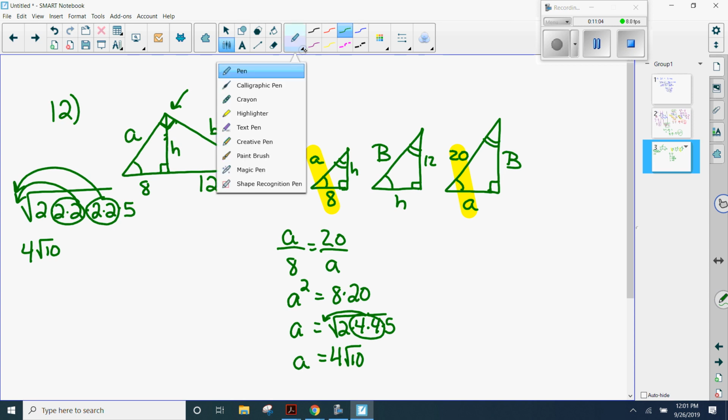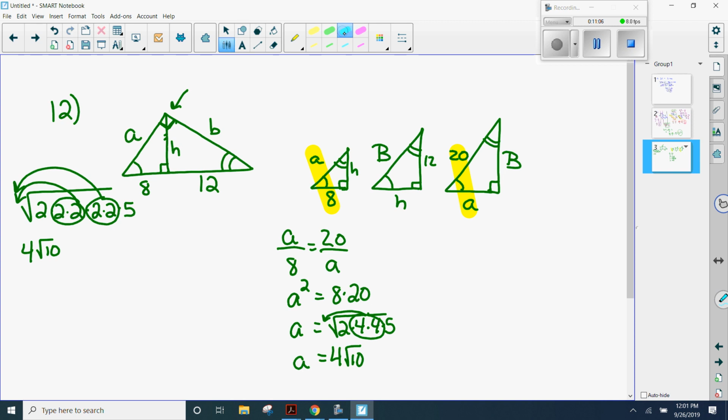Find another pair. What do you want now? H or B? H. So you go with the known value and your unknown. So you have H over 8 is equal to 12 over H. You cross multiply. H squared is equal to 8 times 12.